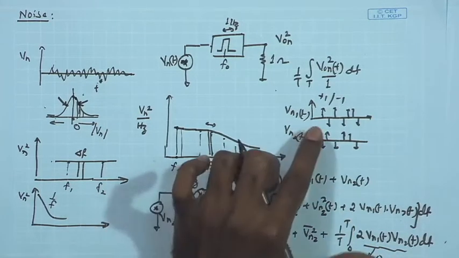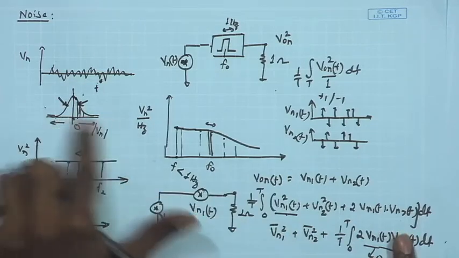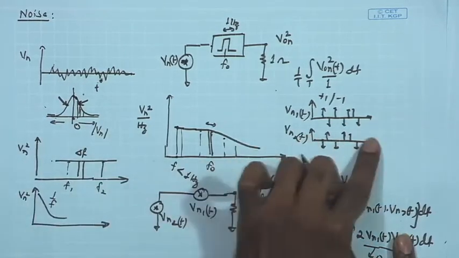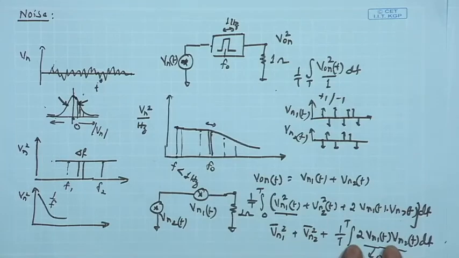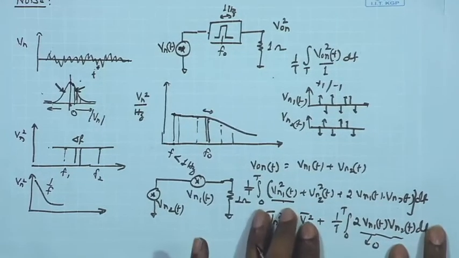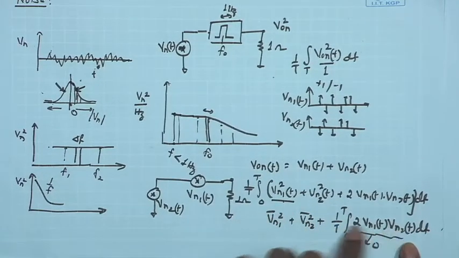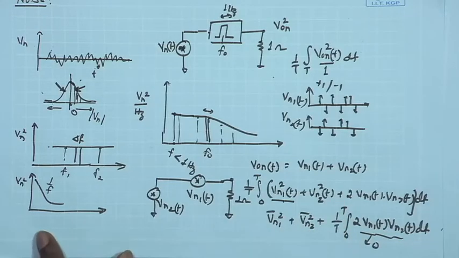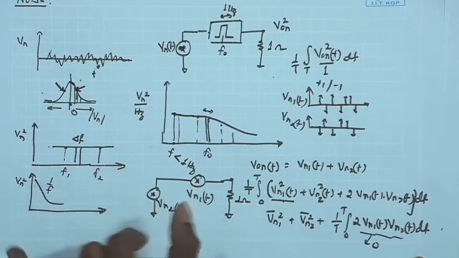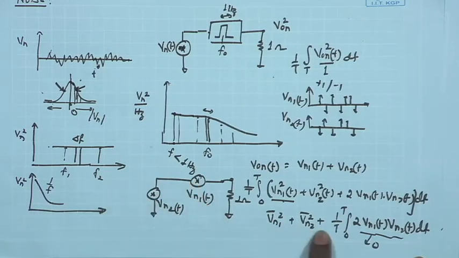This is how we can demonstrate, combining the amplitude distribution and time domain distribution, that any two uncorrelated noise sources have an overall correlation product of 0 integrated over a particular time period. Therefore, in order to add the effect of two independent uncorrelated noise sources, we need to look at their mean square values.